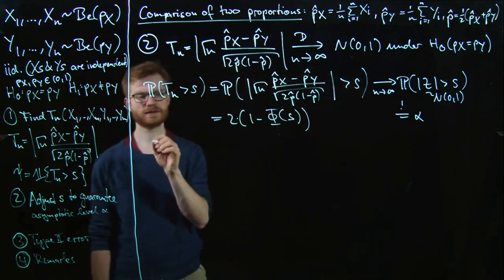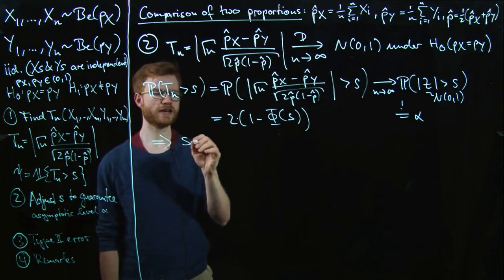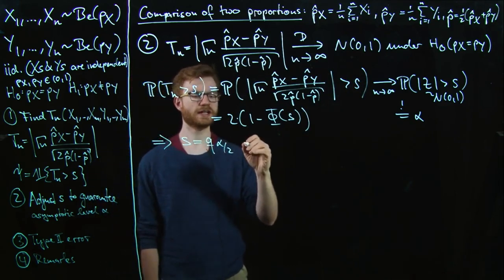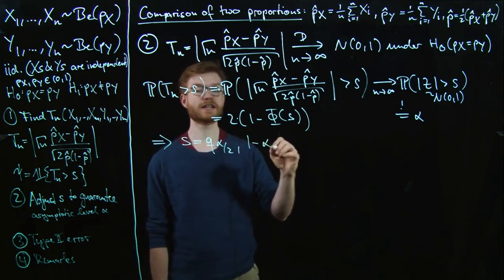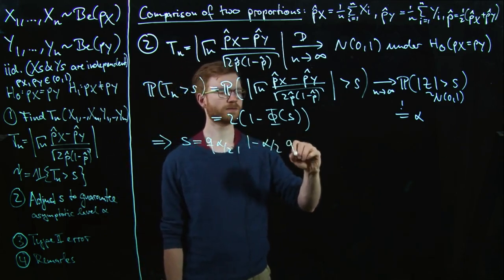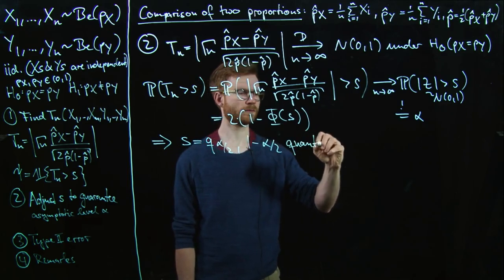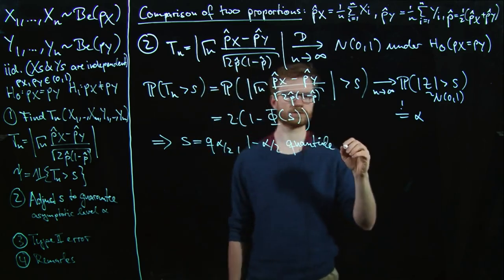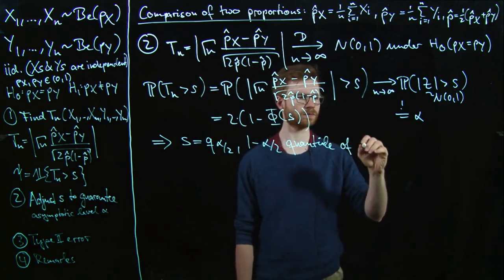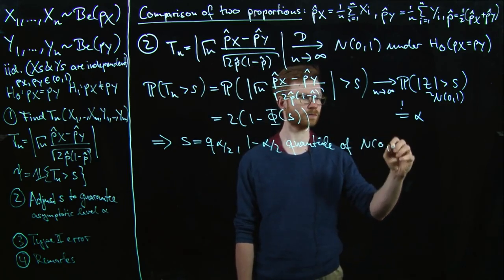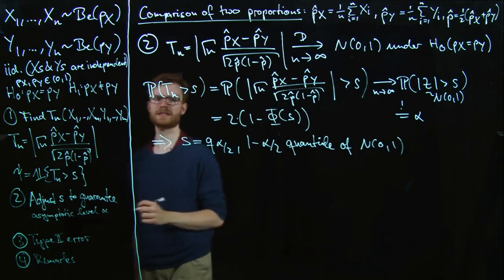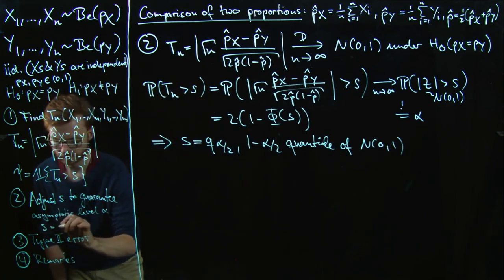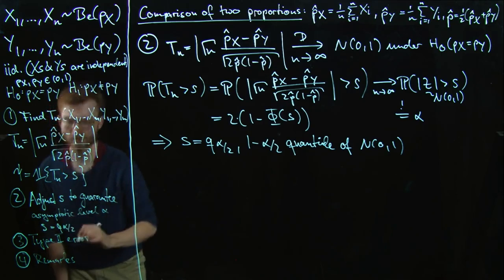And that means we will solve s to be the 1 minus alpha over 2 quantile of a standard normal random variable. Great. All right, so let's write this here. Q alpha over 2.